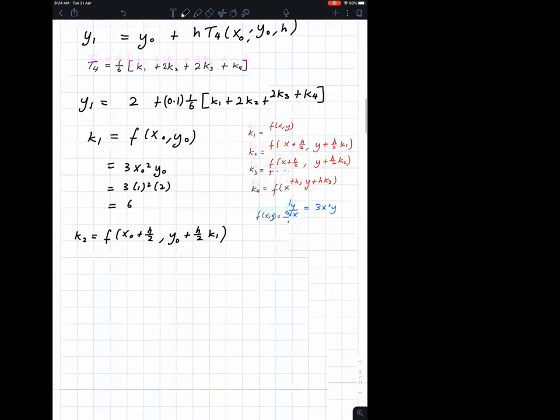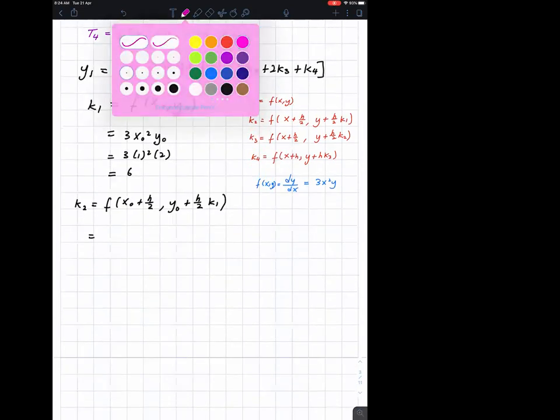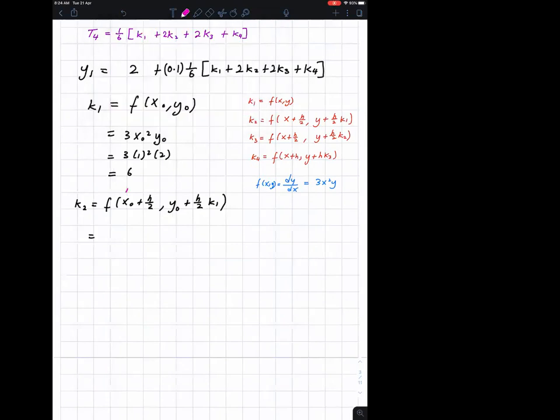This is 1. This is 1. And then 0.1 divided by 2 is 0.05, right? And this is 2. This is 0.05. And then K1 is 6.